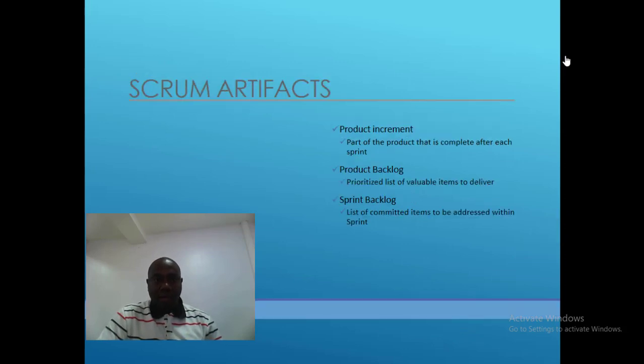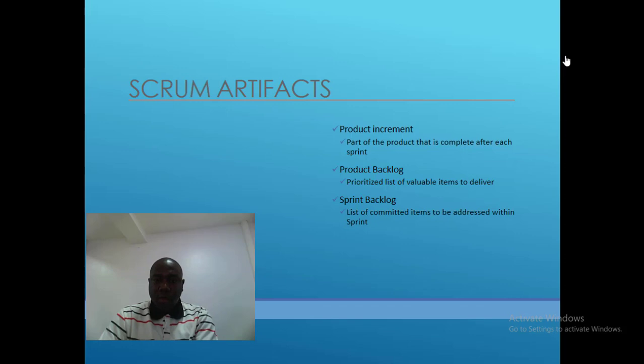So let's look at some Scrum artifacts. Sprint product increment, part of the product that is complete after each sprint. Product backlog is the prioritized list of valuable items to deliver.